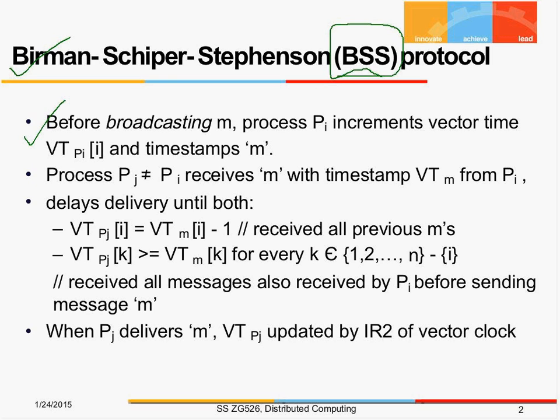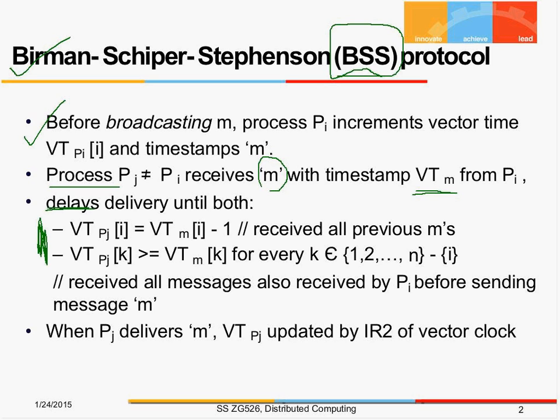Then the next step: process Pj, which is not equal to Pi, receives the message M with a timestamp denoted as VTM from Pi, and delays the delivery of this message until both these two conditions are satisfied. So this is important here.